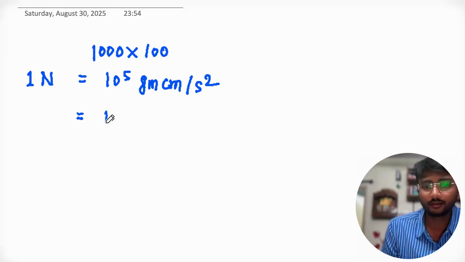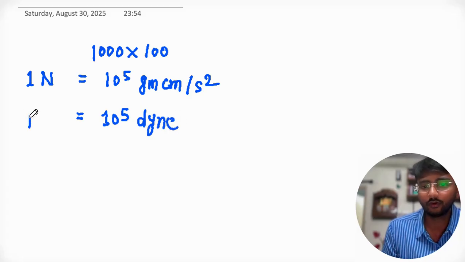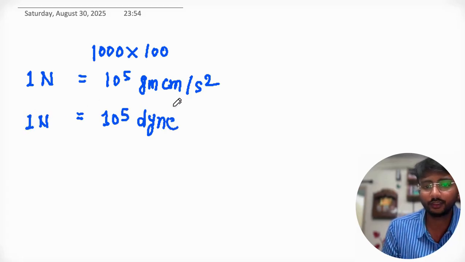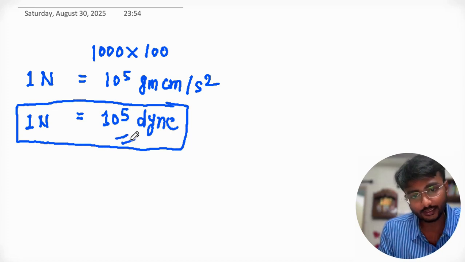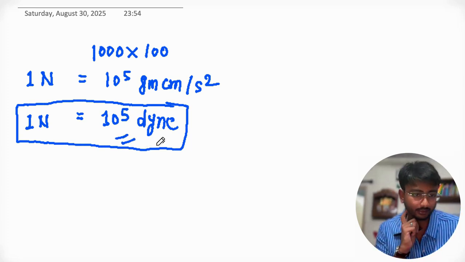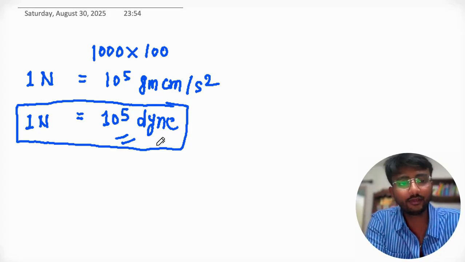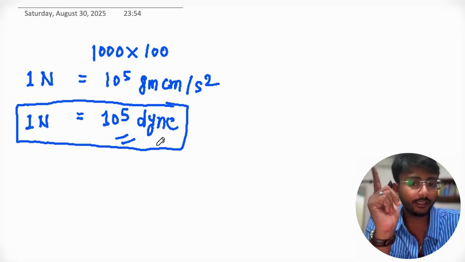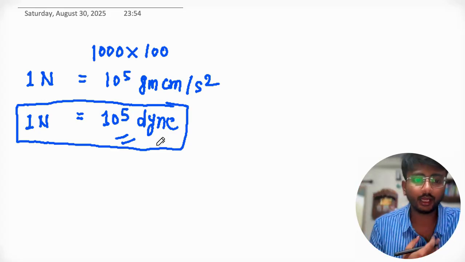And this is what we call dyne, 10 to the power 5 dyne. So 1 Newton equals 10 to the power 5 dyne. This will be the CGS unit of force, dyne. So if someone asks you what is dyne, you will say that 1 Newton equals 10 to the power 5 dyne, right?